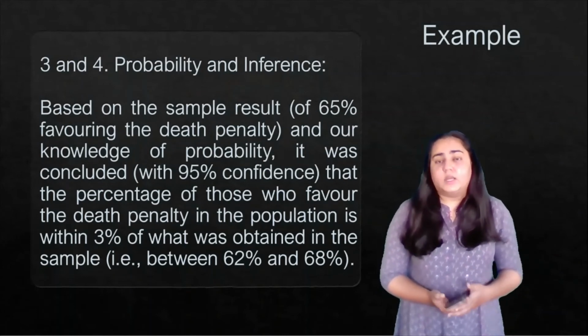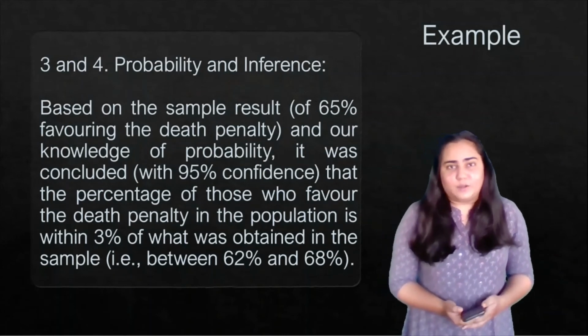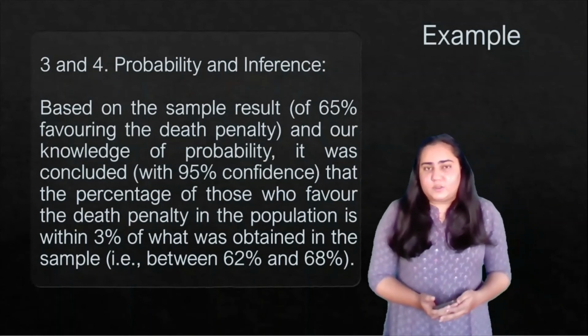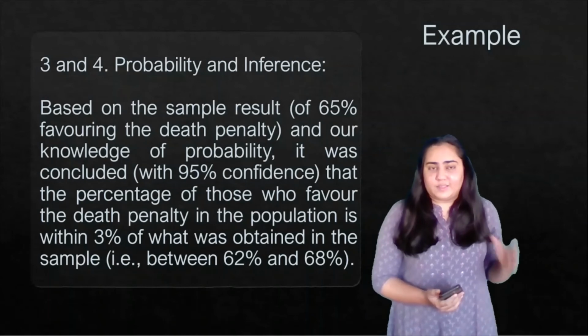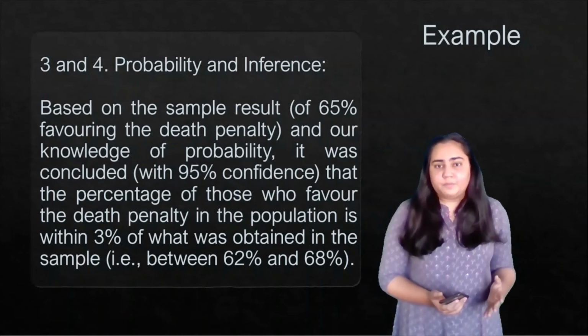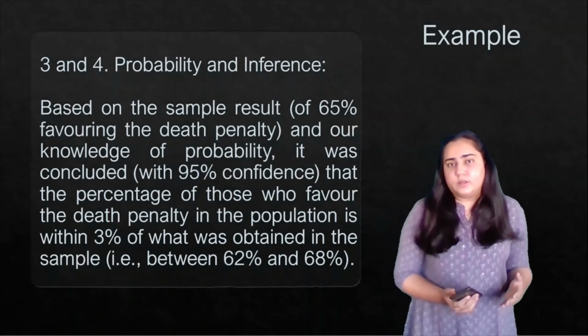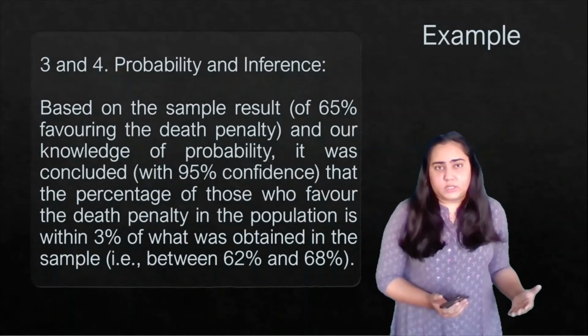And if you don't get it, I'm going to explain it to you now. This is something very simple. What it means is that out of the sample, 65% of people favor the death penalty.